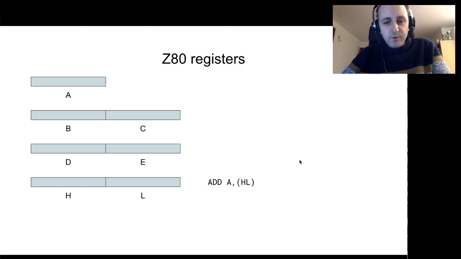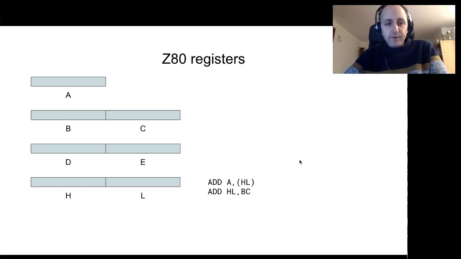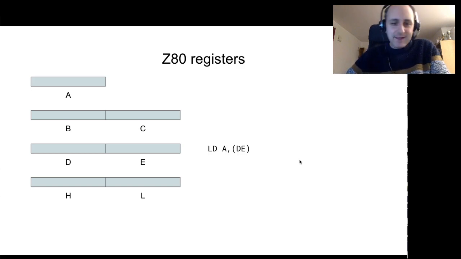You can also do a limited amount of 16-bit arithmetic, like ADD HL,BC, where the result goes into HL, so it works as a sort of limited 16-bit accumulator. The other register pairs you can do memory lookups with, like LD A,(DE), but not at the same time as doing arithmetic.